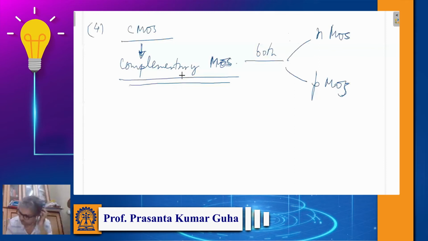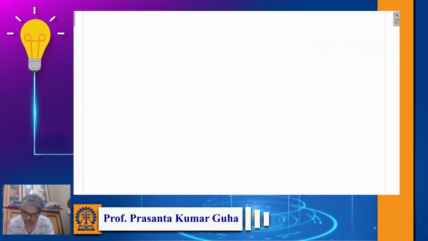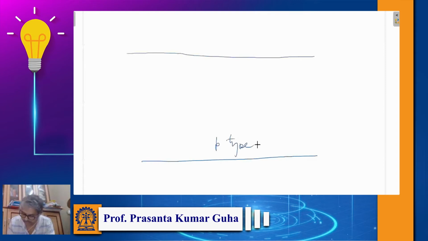What will be the structure if we want to realize both NMOS and PMOS? In that case, say we start with a p-type substrate. If I have a p-type substrate, then we can straight away form an n-channel MOSFET.